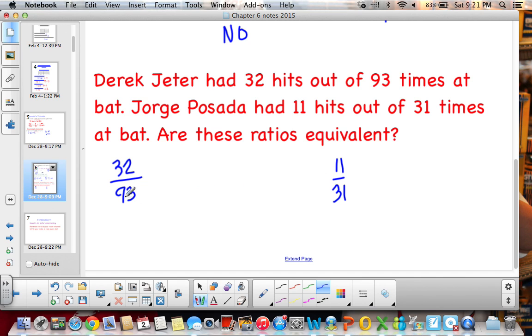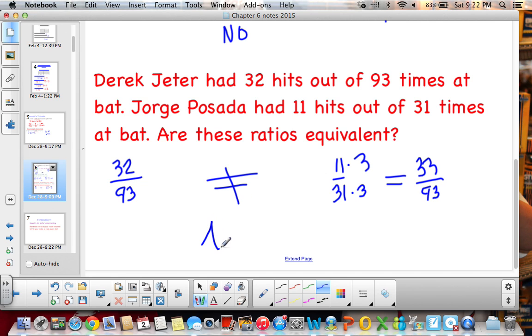So I know that if I multiply 31 times 3, I would get 93. So then I would do the top. So I have 33 93rds, which is not equivalent to 32 93rds.